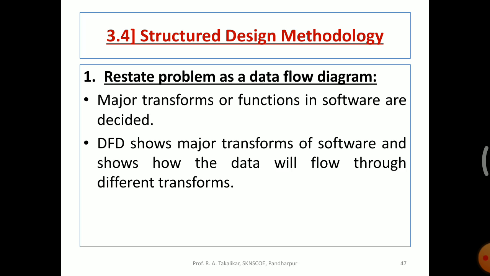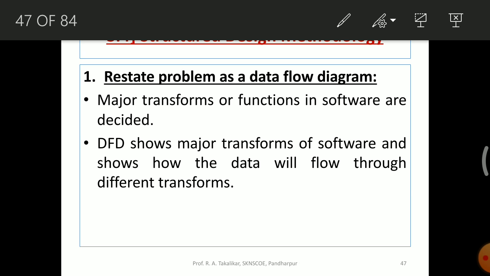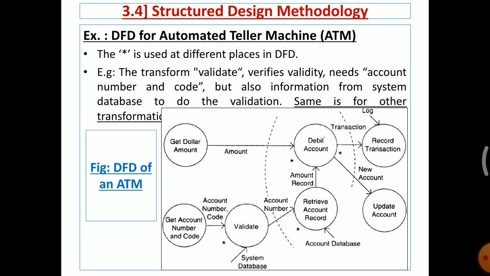And with these transforms and functions in hand, decide upon how to draw the DFD. So here the DFD shows the major transforms of the software and how the data will flow through these different transforms. Let us take an example. We have to draw the DFD for an automated teller machine, ATM.